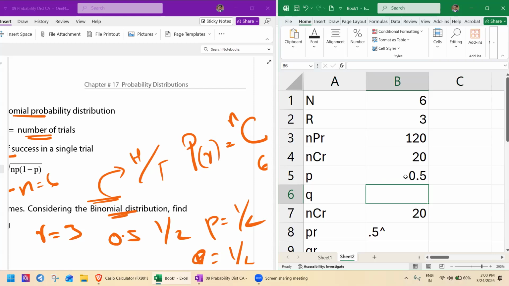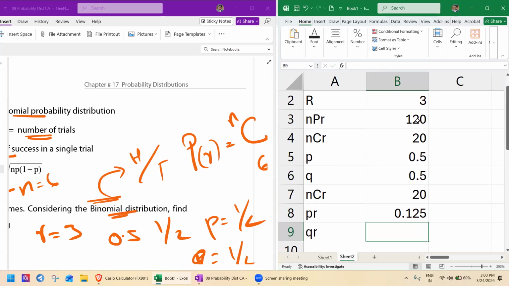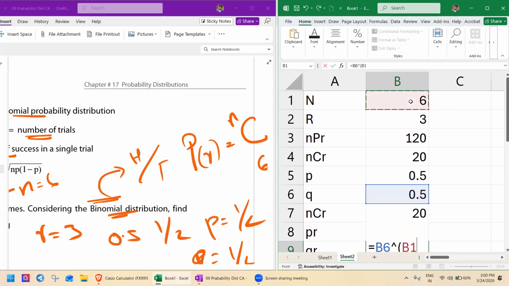This means 1 minus P is always Q. And P^R: P is here and the power R is 3, and Q^(n minus R): Q is here and the power is n equals 6 minus R equals 3.